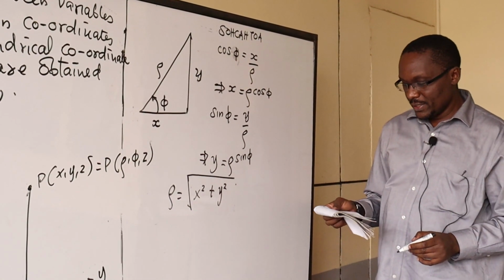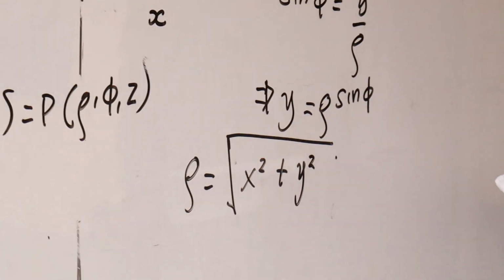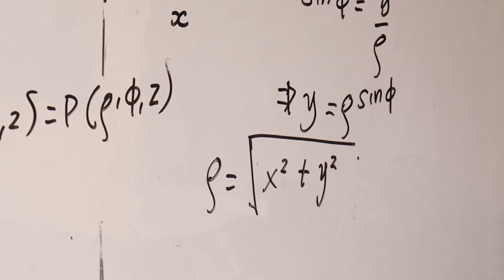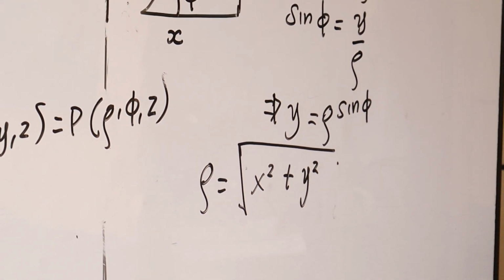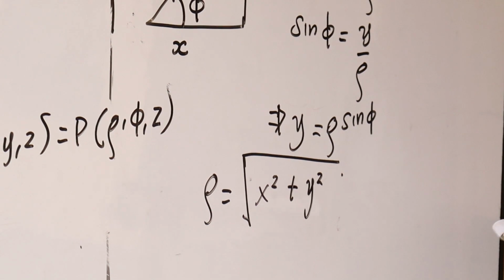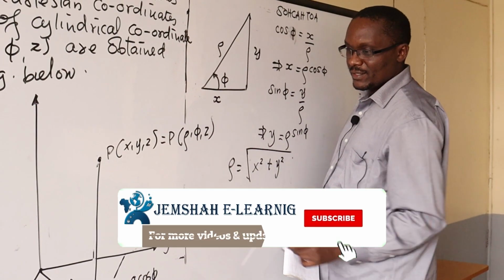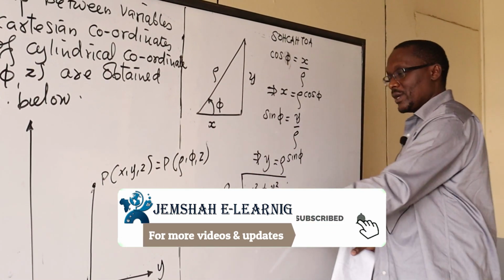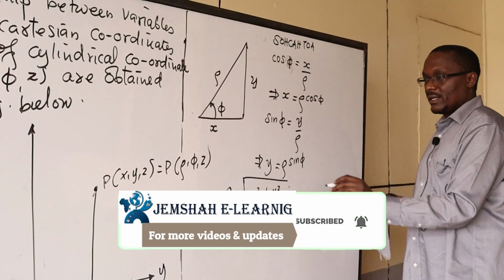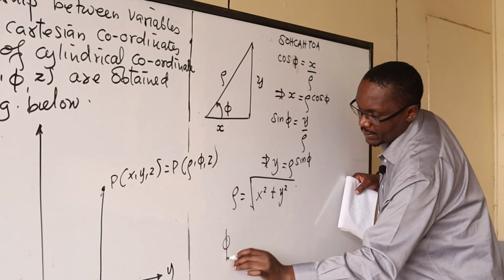If we are to represent those values, we have that, and that. z is the same z. So from what we have in cylindrical, we have that.